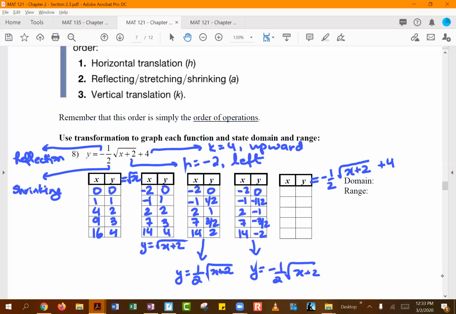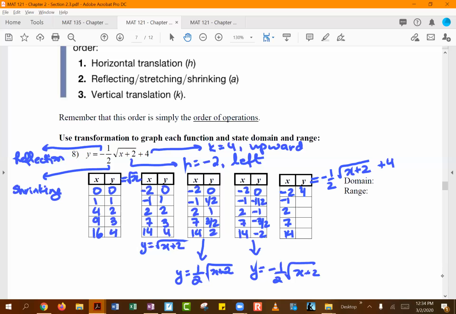So again, these guys stay the same: negative 2, negative 1, 2, 7, and 14. And then you're adding 4 to get that last y column. So 0 plus 4, good.